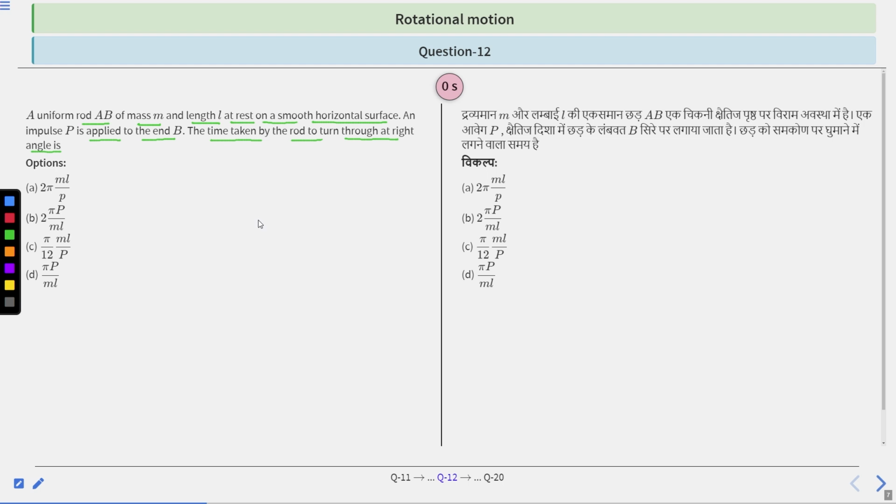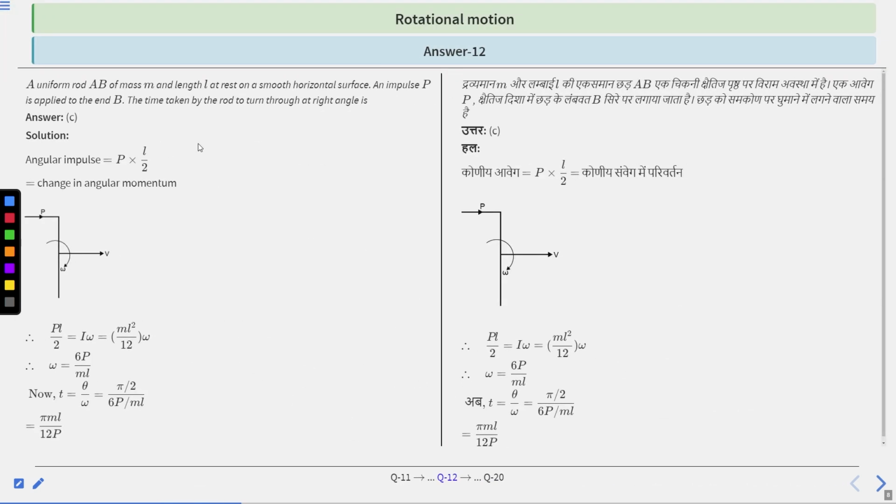Let's find a solution. We know angular impulse, which is P cross L by 2, is equal to the change in angular momentum. Clear? According to the question, the rod has mass m and length L, at rest and then rotating with omega.